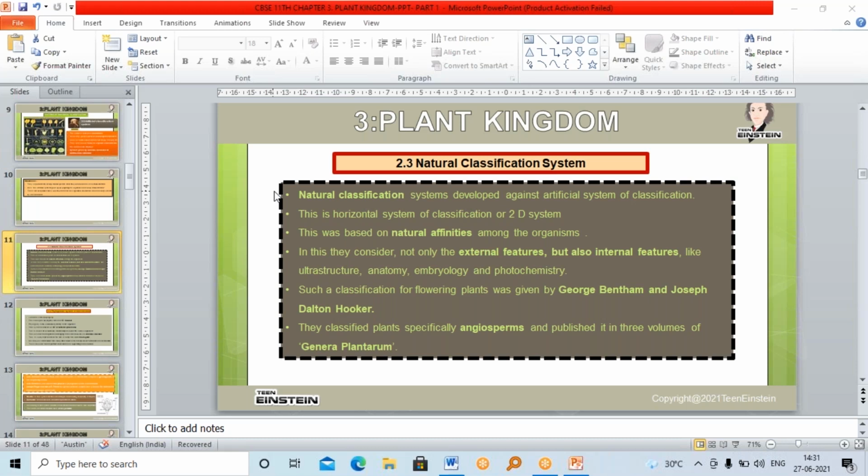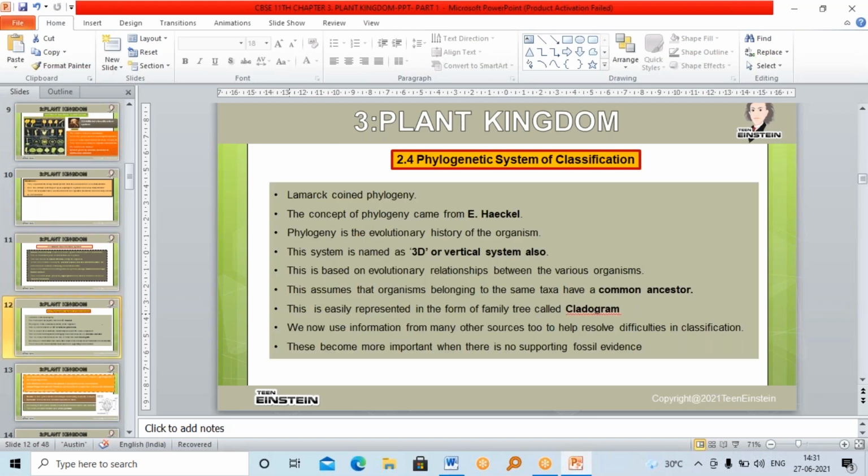Next is the phylogenetic system of classification. So we have learned about the natural classification system and the artificial classification system. Who coined the term phylogeny? Phylogeny means what? Prehistorical studies.